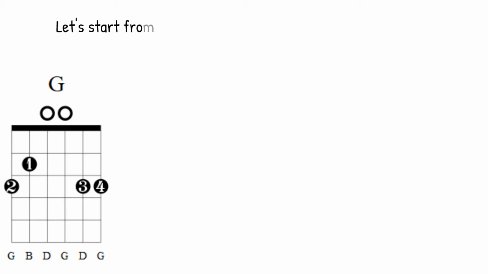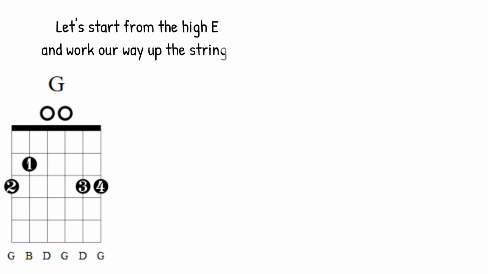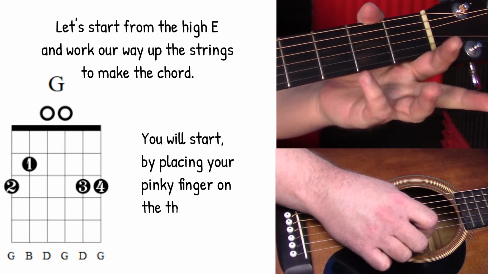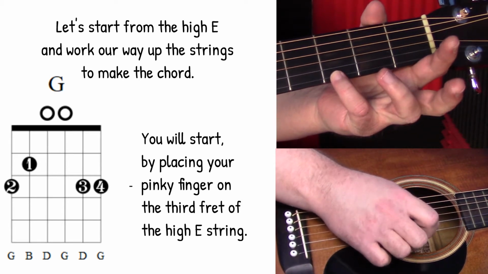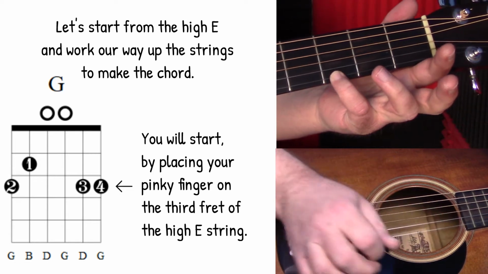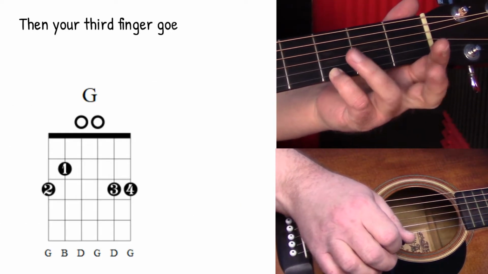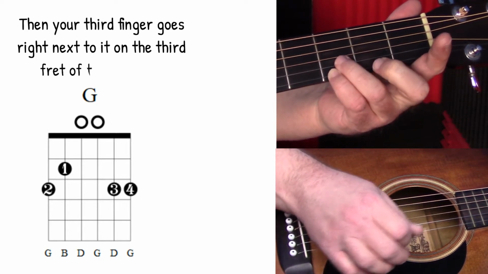Let's start from the high E and work our way up the strings to make the chord. You will start by placing your pinky finger on the 3rd fret of the high E string. Then your 3rd finger goes right next to it on the 3rd fret of the B string.